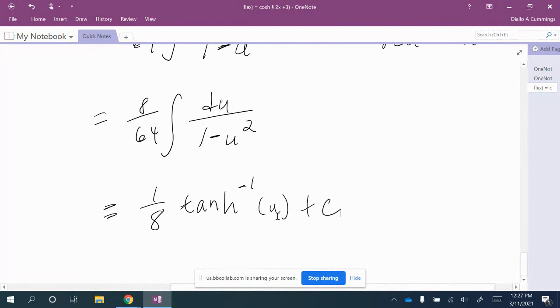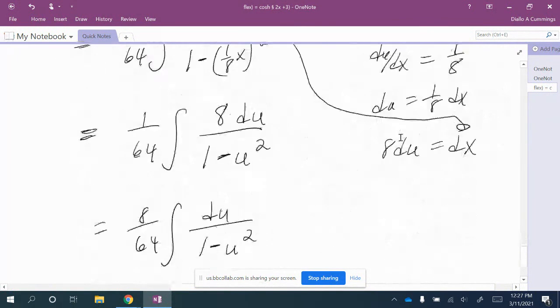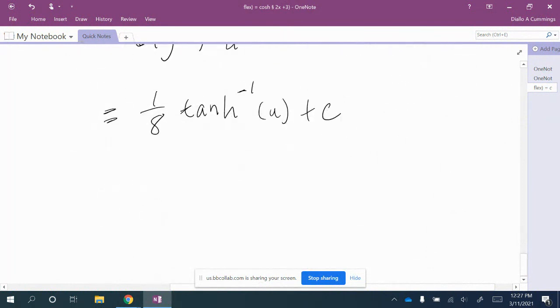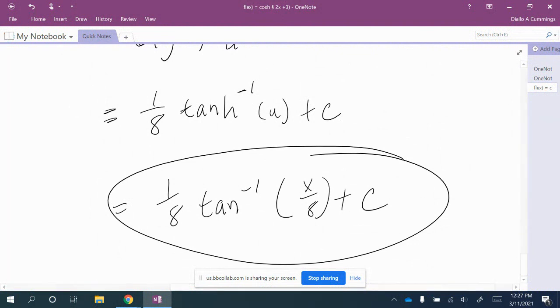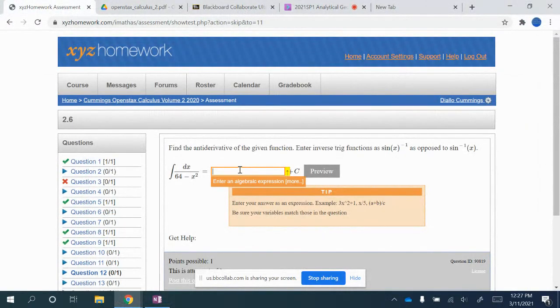I'm going to back substitute u for 1/8 x, and I have my final result.